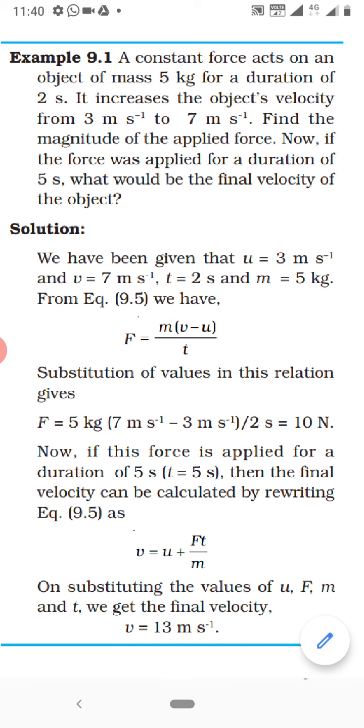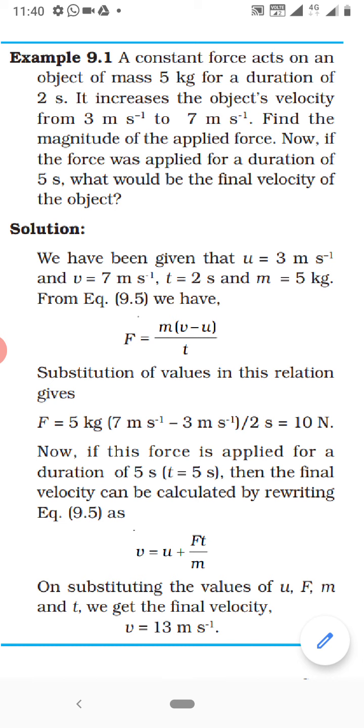Now on substituting the values of u, f, m and t, we get the final velocity v is equal to 13 meters per second. Same formula has been applied. Now that force has been applied for 5 seconds. Previously it was applied for 2 seconds.